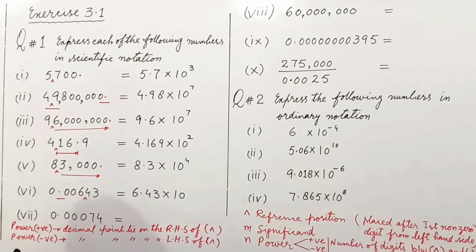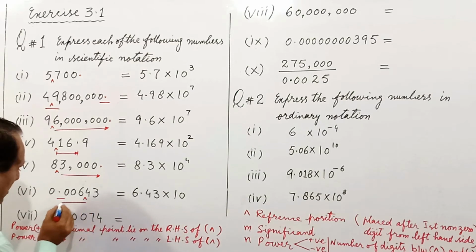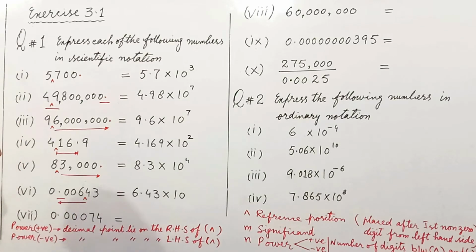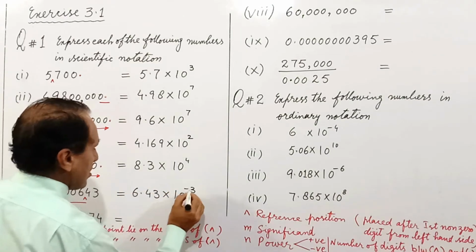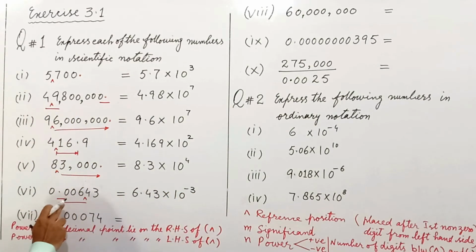But as the original position of the decimal point is on the left hand side of the reference position, the power will be negative. So we write minus 3, because the decimal point was originally located 3 digits to the left.